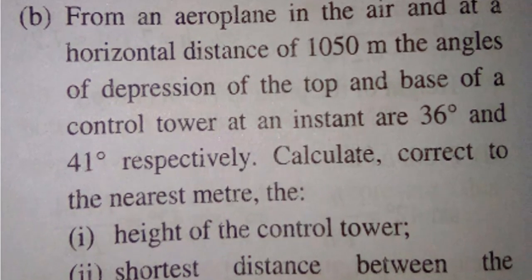So now let us look at the question again so that we complete our diagram. It says that from the aeroplane in the air and at a horizontal distance of 1050 meters, the angles of depression of the top and the base of the control tower. So from the aeroplane we are looking at two things here. The first is the top of the tower, that is here.